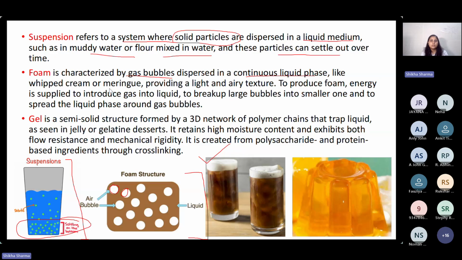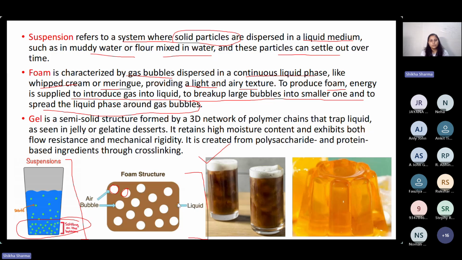Examples are whipped cream or meringue, which provide a light and airy texture. To produce foam, energy is supplied, or whipping is done, to introduce gas into the liquid, to break the large bubbles into smaller ones, and to spread the liquid phase around the gas bubbles.